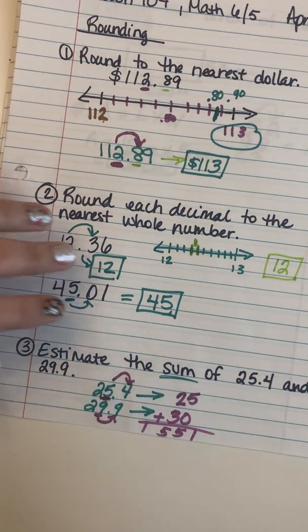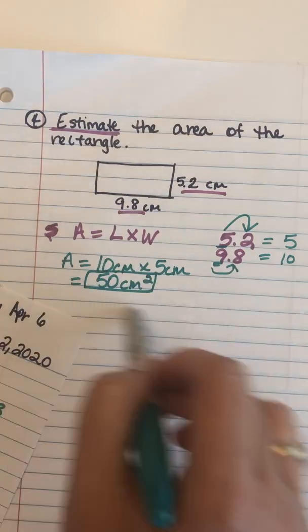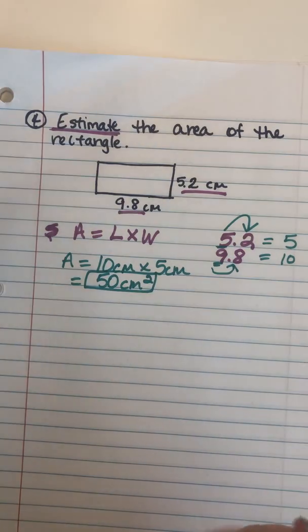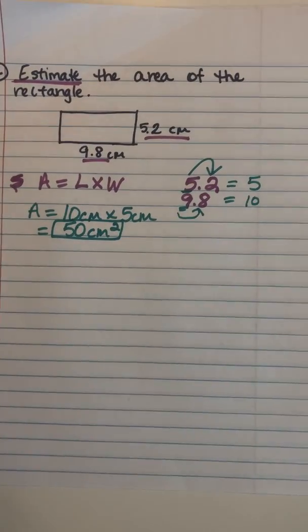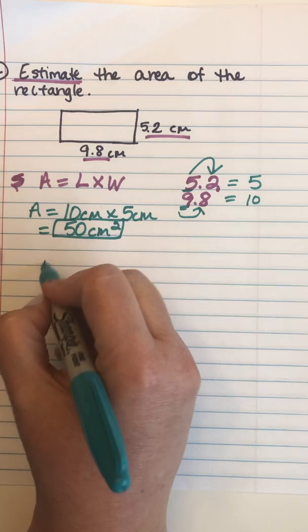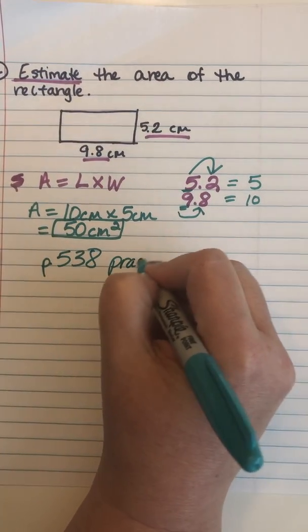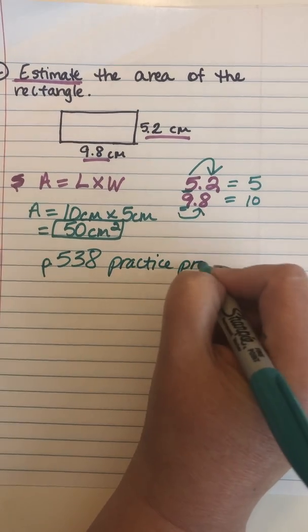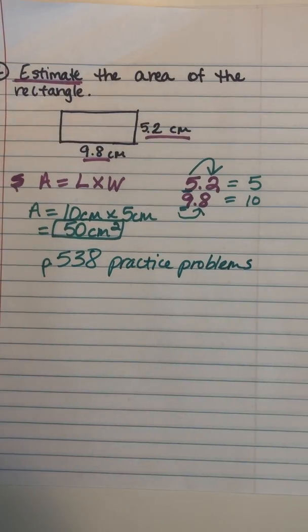And we got to estimate the product, which we estimated the area for a product. And so you'll get to do those. Your practice problems are on page 538. And there will be a video coming for lesson 105.